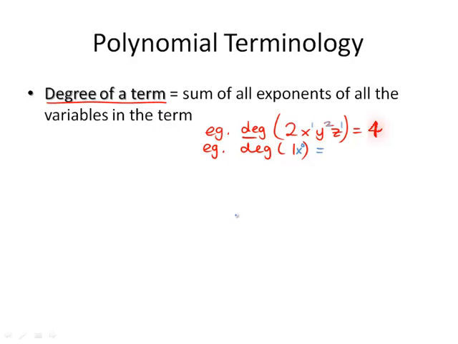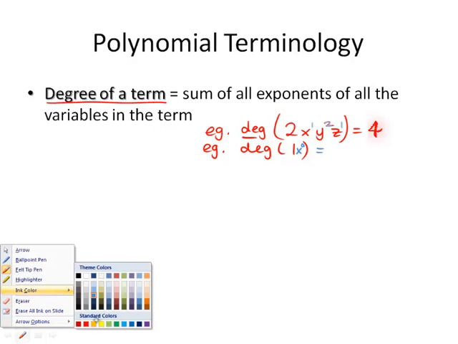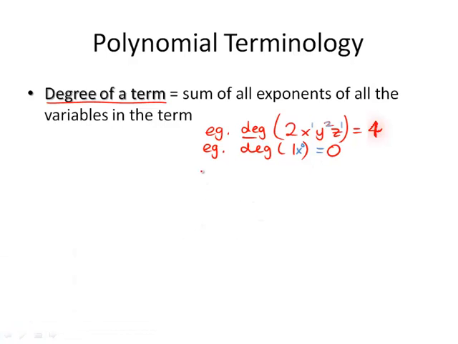So if you add all those up, you get 0. Another example would be, what is the degree of x? Well, what's the power there? The power is 1, so the sum is 1.